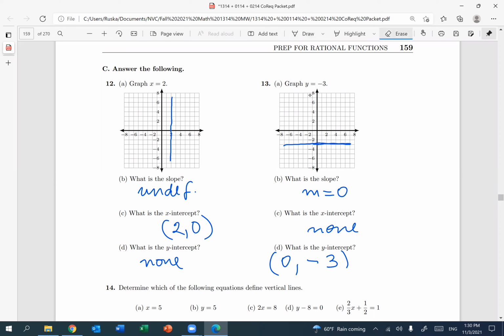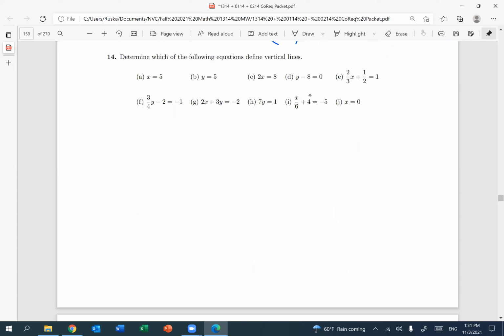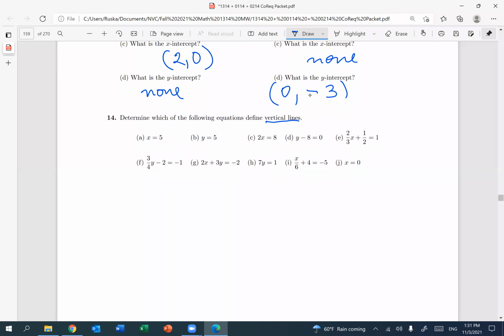Okay, number 14. They're asking which of those define a vertical line. So how does a vertical line look like? You see that? Vertical line looks like x equals number, right? So if it's x equals number, it's going to be a vertical line. So let's just circle them.